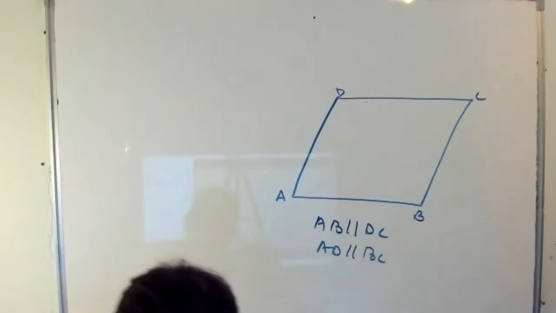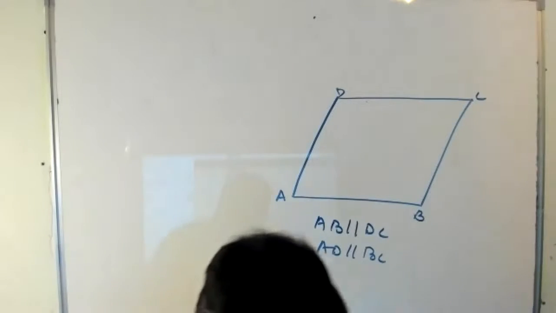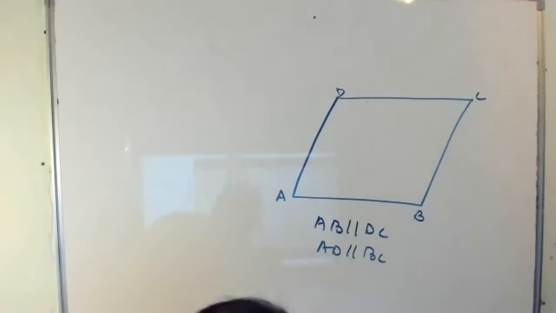Next, rhombus. A parallelogram having all sides equal is called a rhombus.